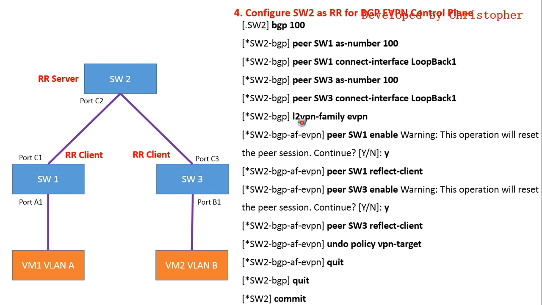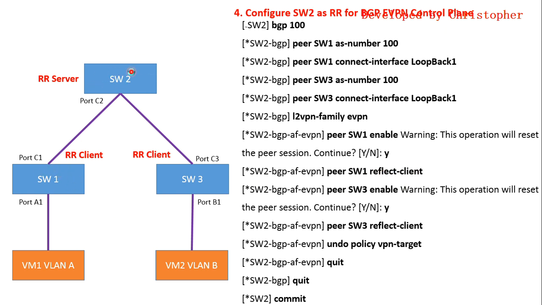And then l2vpn-family evpn. This code means it will deliver the EVPN packets between each other. L2VPN family, because EVPN, Ethernet VPN, is definitely an L2 VPN. And then peer SW1 enable, enable this session, peer SW1 reflect-client.